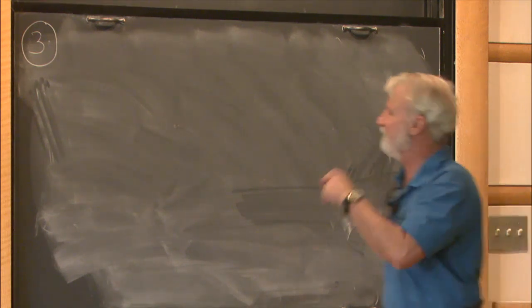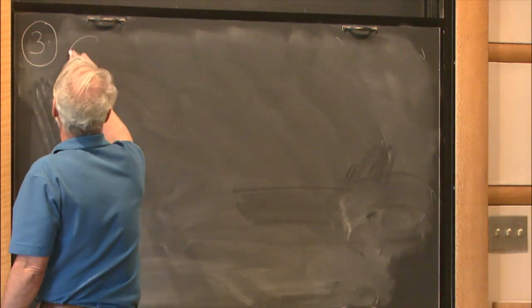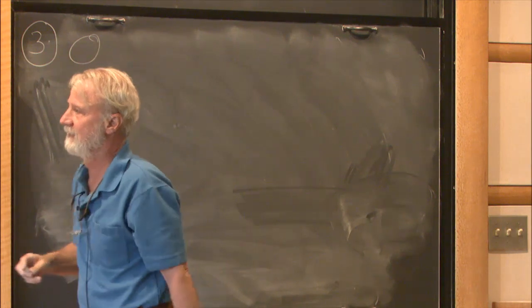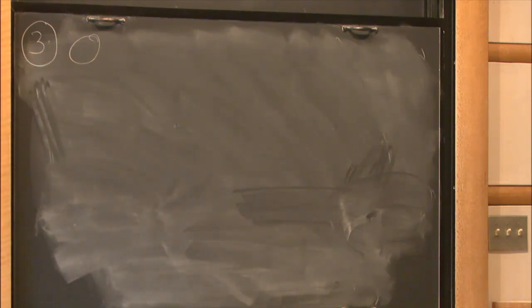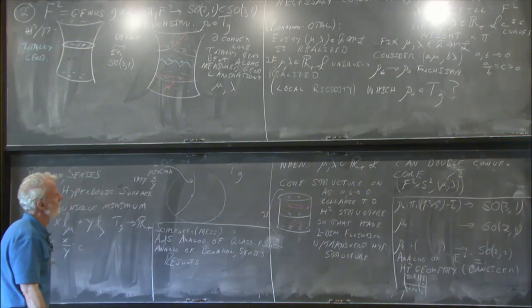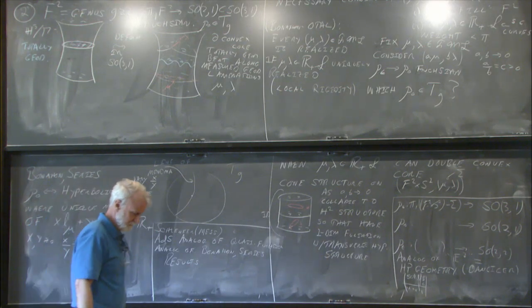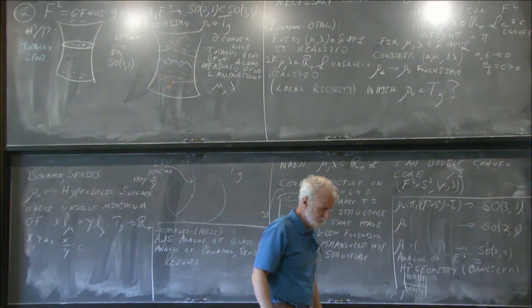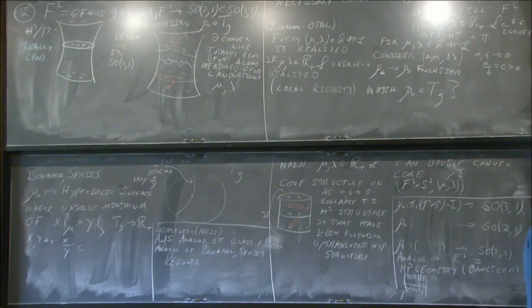Okay, so the next example. So could I ask? Yeah. Possibly go the other way. You're saying if given mu and lambda, then you can figure out which function you're going to land on. What if you have rho naught and lambda? Can you predict what mu will be? Yeah, it's the unique, that's a theorem.